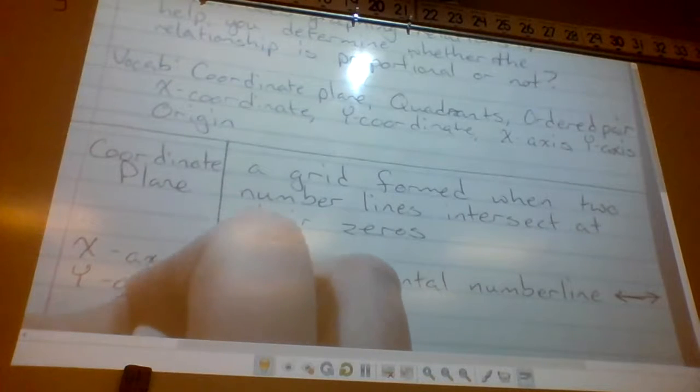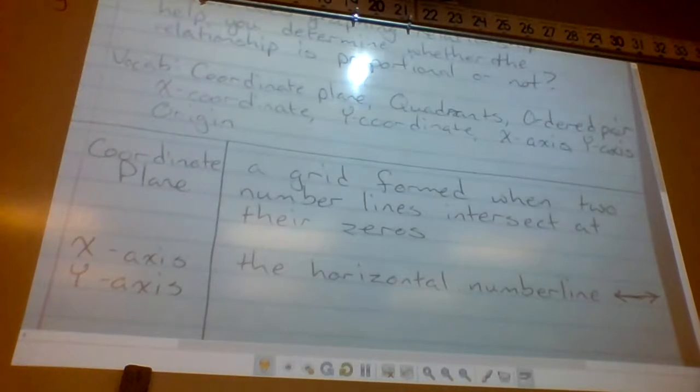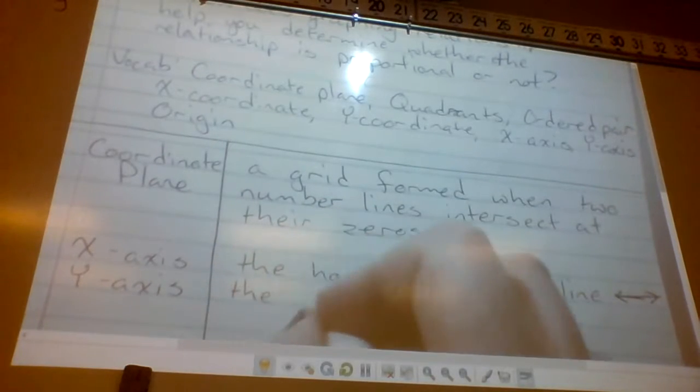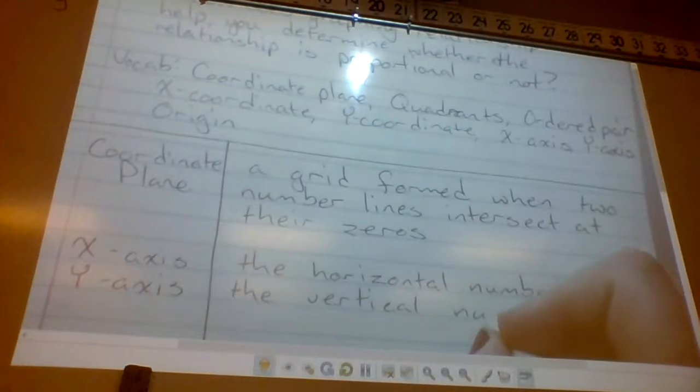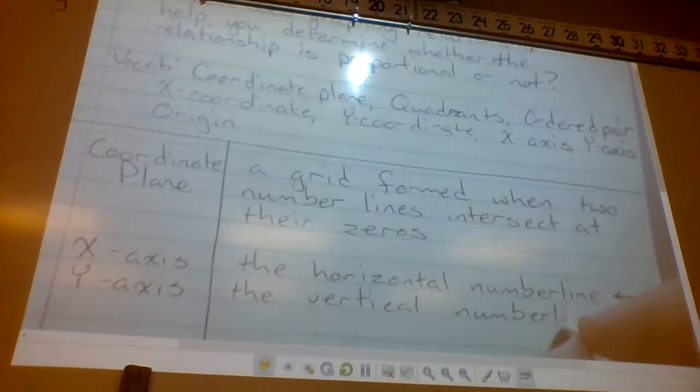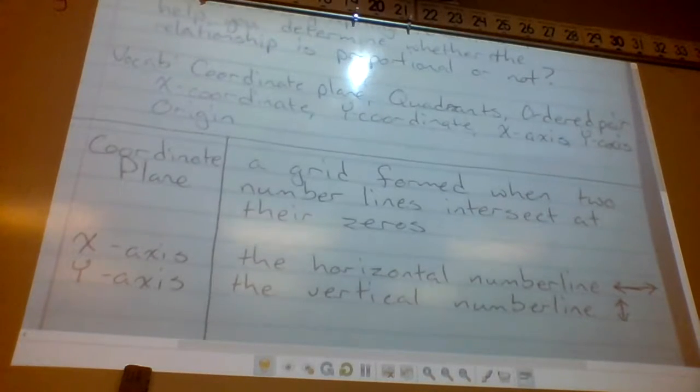The y-axis is which one? The up and down, the vertical. There you go. Vertical is better. That is the vertical, which goes up and down.